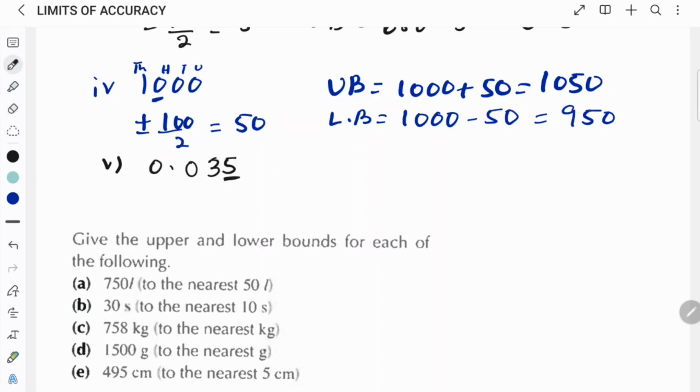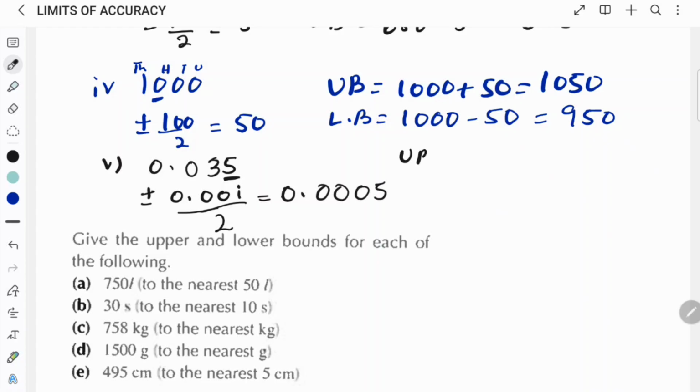So what do you do? You add and subtract 0.001 upon 2, which is equal to 0.0005.